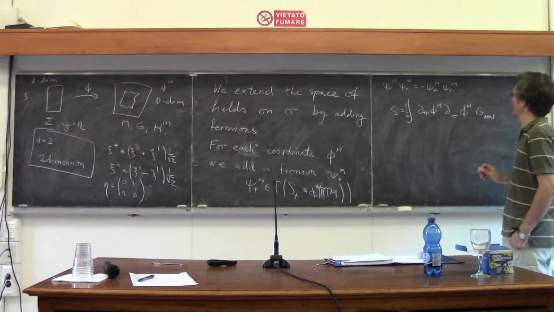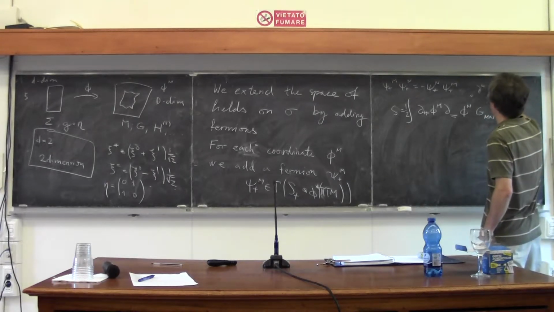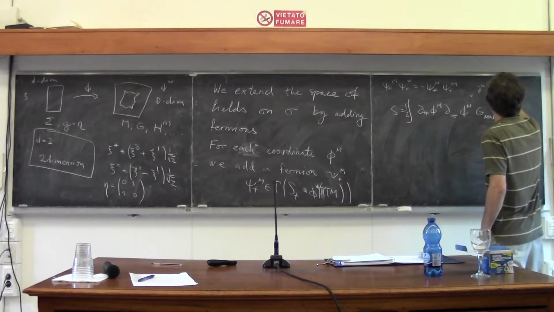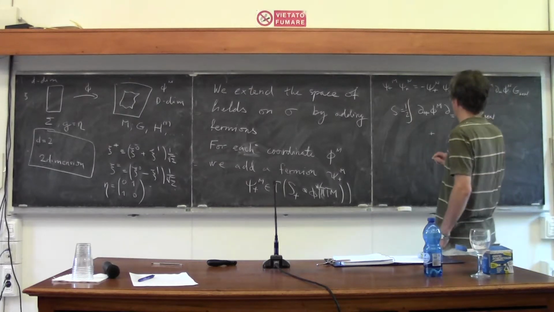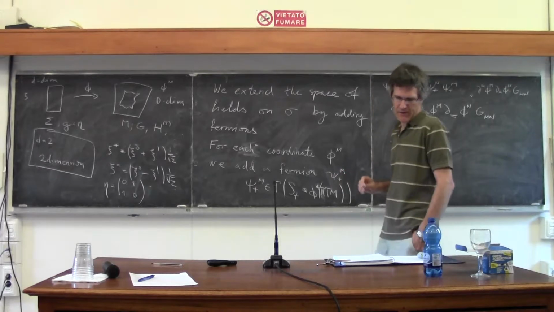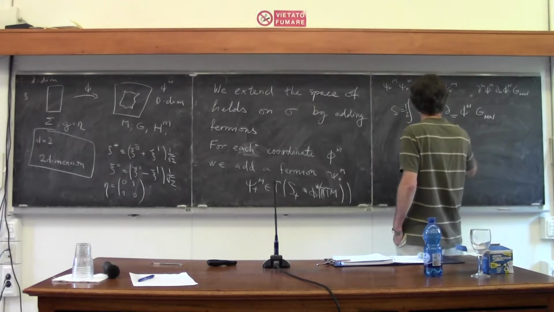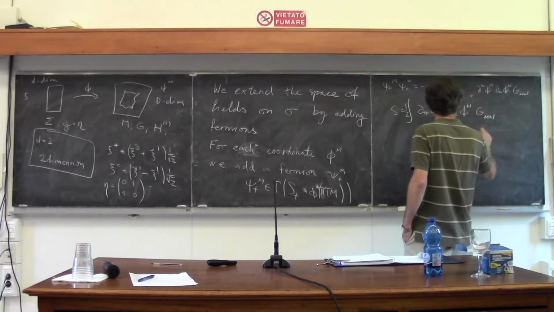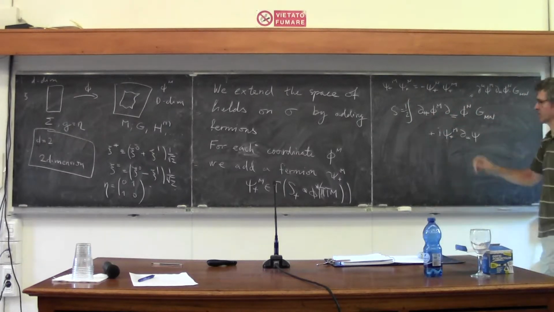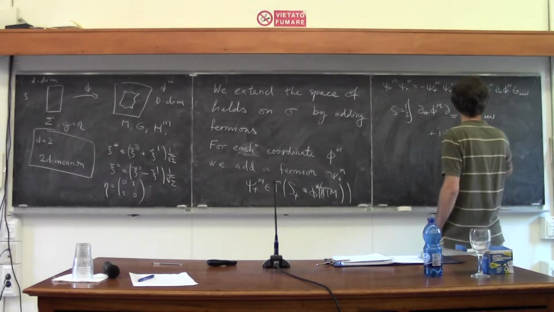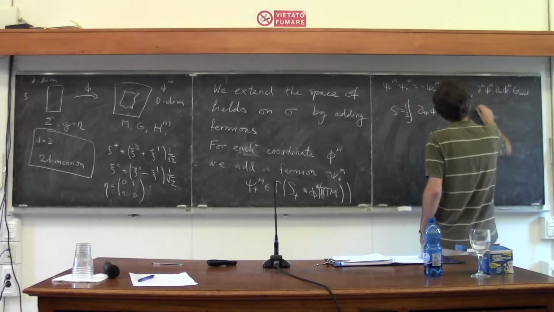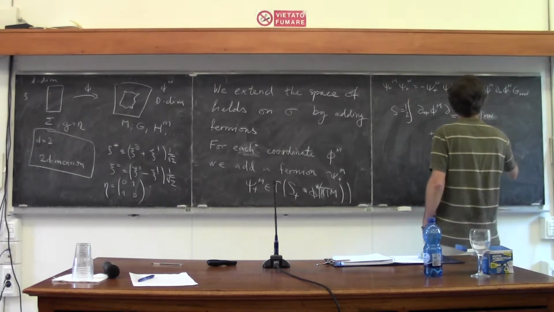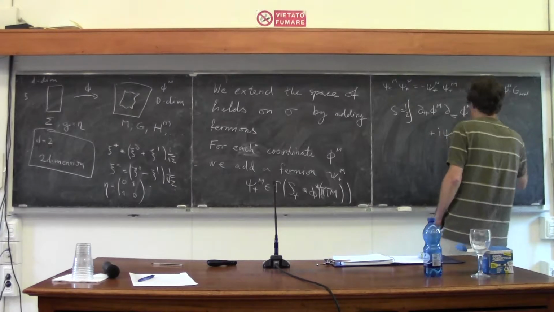This is the term we had yesterday when I wrote it in arbitrary coordinates. But now I also need the fermions. These symbols are derivatives with respect to the light-cone component.